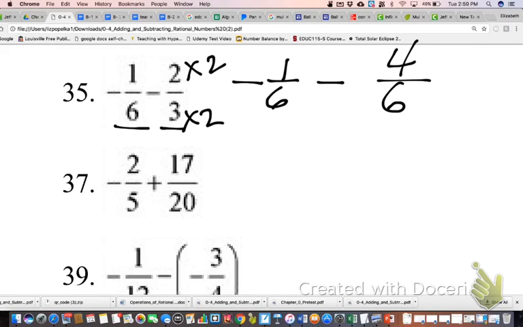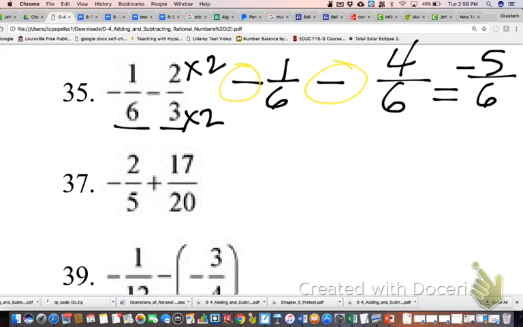So now I've got a negative 1/6 minus 4/6. So remember, subtraction and a negative really means the same thing. So this is basically like I'm combining two negative fractions. Well, it's not basically, it is combining two negative fractions. So a negative 1/6 combined with a negative 4/6 is simply going to be a negative 5/6.